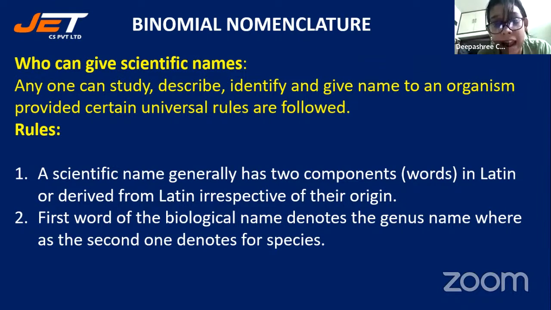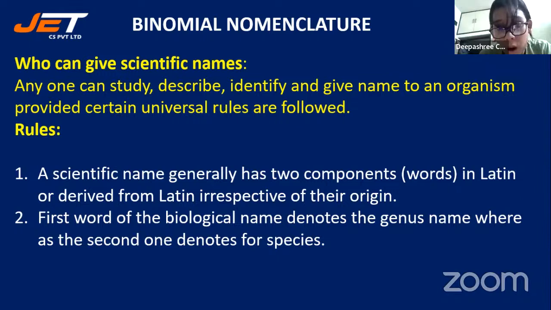We have to give the name of the organism only in Latin. Even if the organism is from Telangana or from Kolkata, we still have to name it in Latin. It has to be literally Latin.